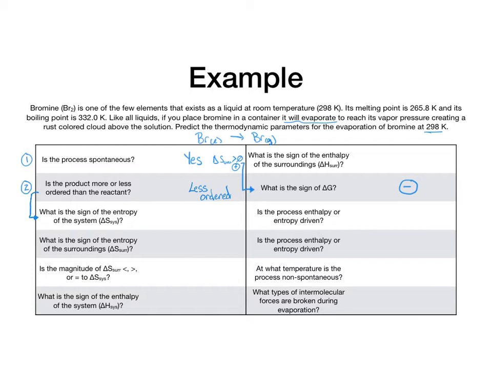Delta S of our system is going to be S standard of our products minus S standard of our reactants. Since our products have more entropy than our reactants, we know that delta S of our system has to be positive.